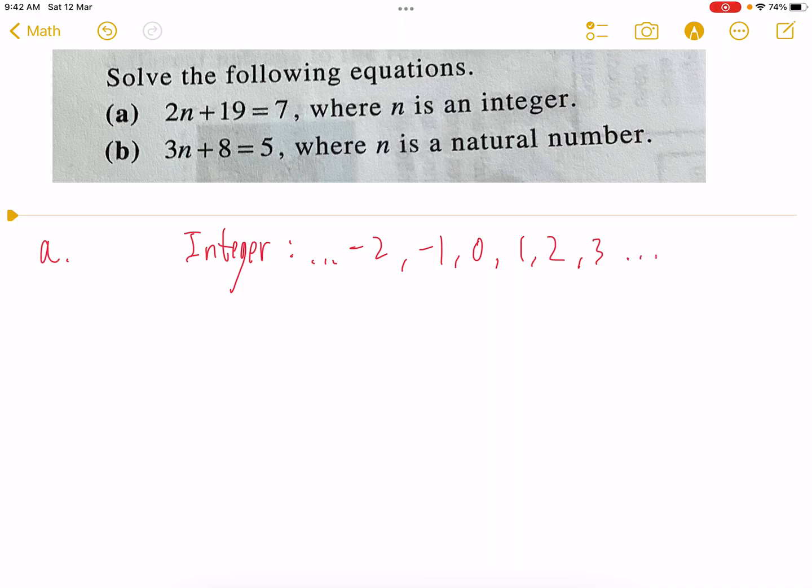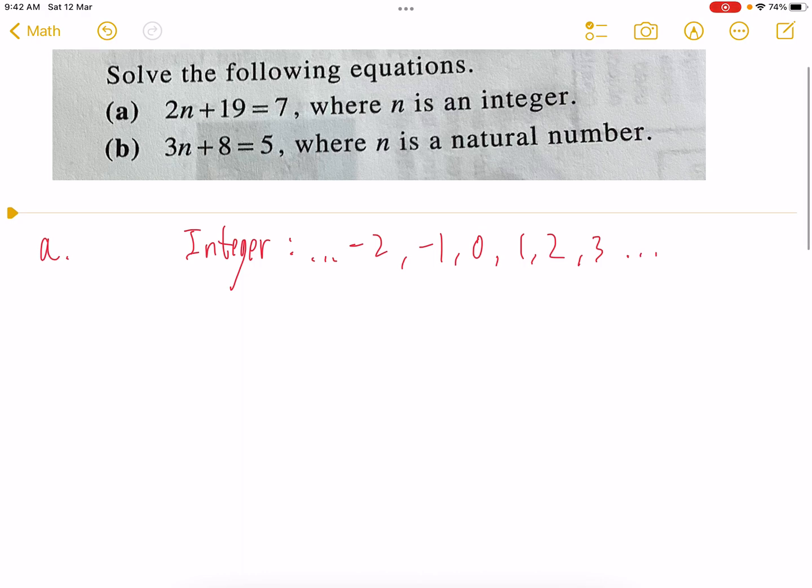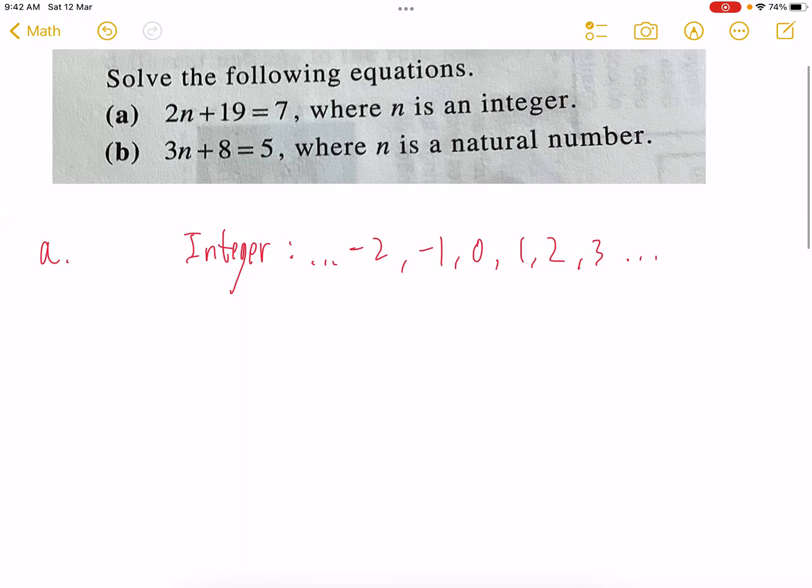So basically it's telling us as long as the solution n is not a decimal or a fraction, well, you get what I mean, right? I'm doing a pretty bad job explaining, but let's get started to solve it.